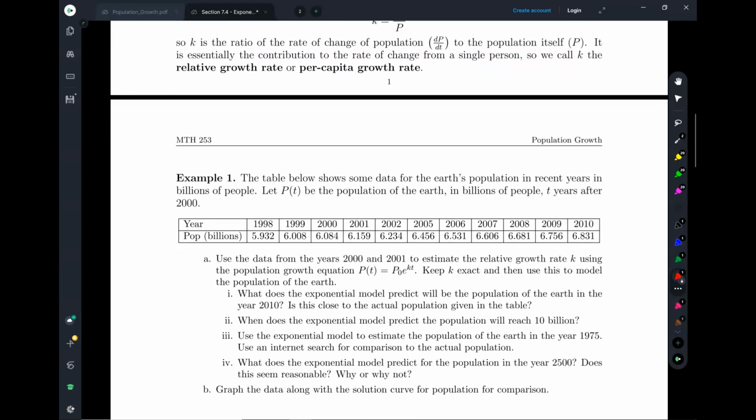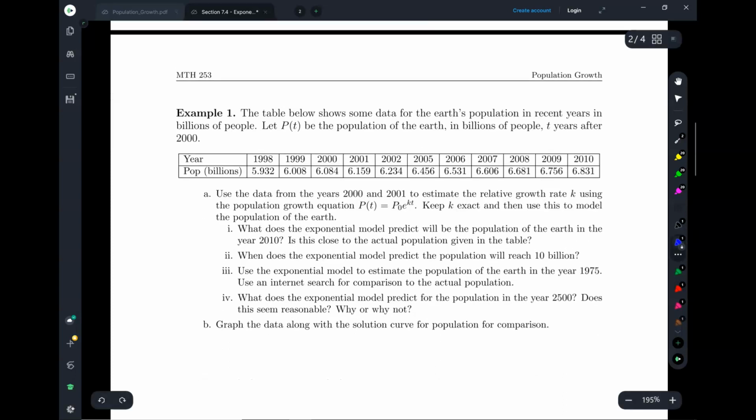I think this data is just fascinating, so I'm excited for us to dive into this and look at it through a differential equations lens. First, we're going to try to represent this data with that exponential population model, or exponential growth model, and then make some predictions. Think about whether some of those predictions make sense or not, and then maybe think about if there could be a better way to model this particular data, or population data in general.